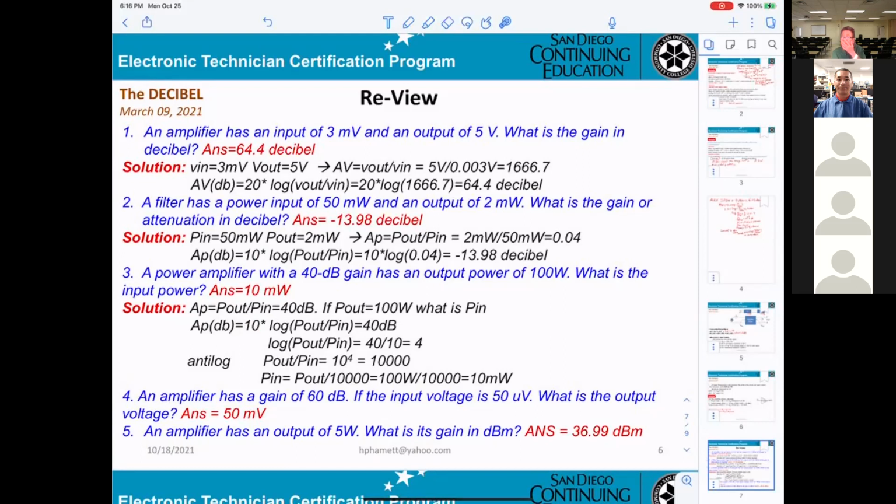That means you understand how we get 64.4 dB. If you can get through it, then you will have no problem when you do the assignment. Also go to number 2 and go through it, and make sure you understand how we get that answer. And also number 3.